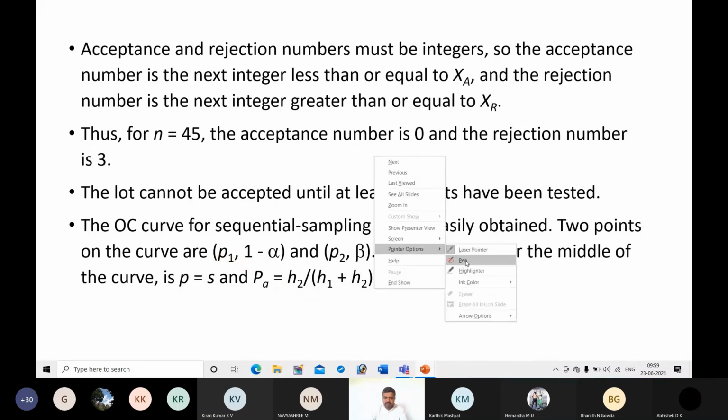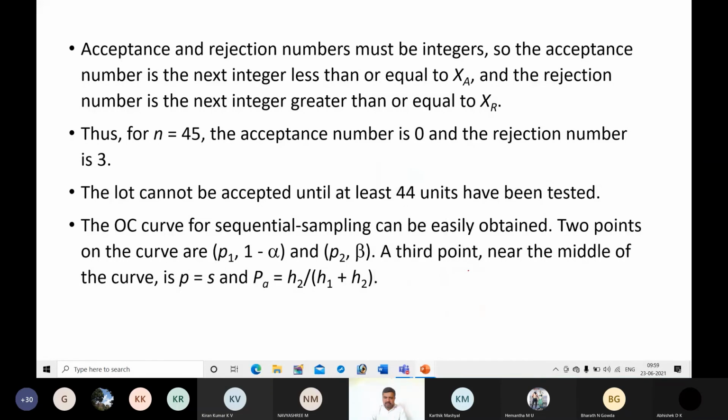So if there is an OC curve like this, on the x-axis you are plotting the lot fraction defective given by small p, and on the y-axis you are plotting the probability of acceptance, PA value. 1 minus alpha is nothing but the probability of acceptance when the lot fraction defective is P1.